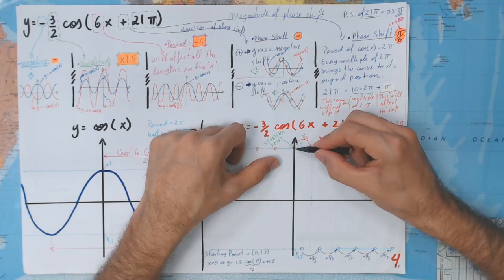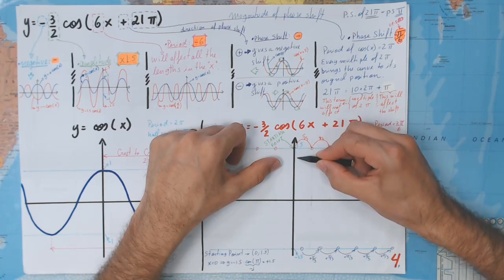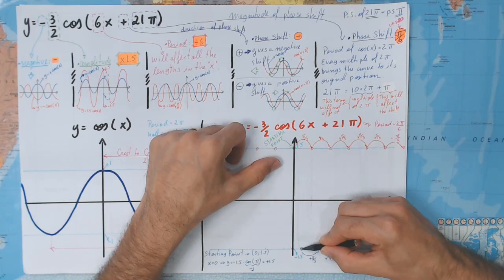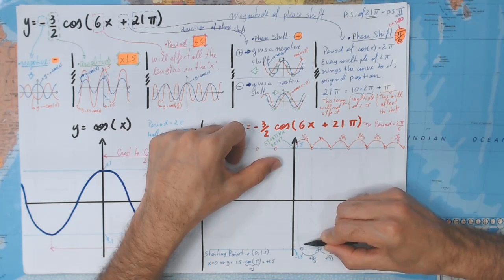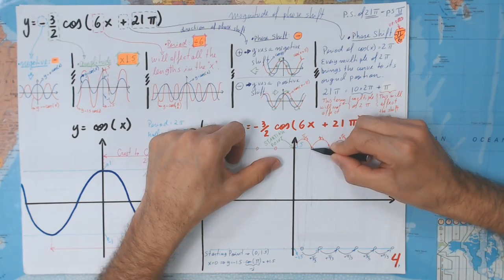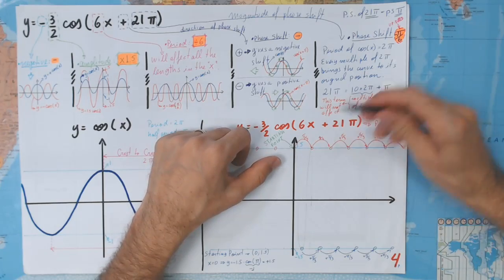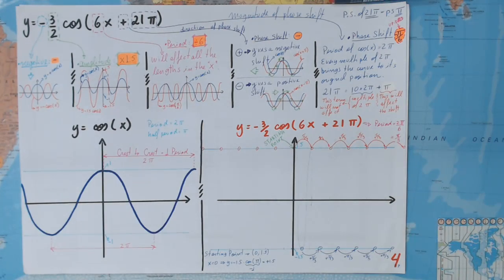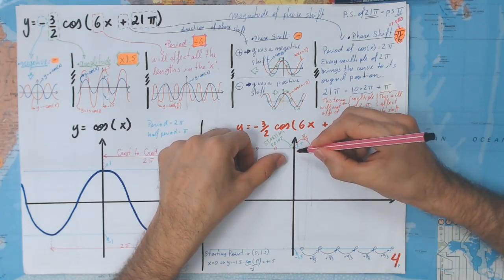So I'm going to go like this. It goes like that, and then goes up again. And it goes like this, okay? I'm going to try to use this pen in here. So it's going to be something like this.